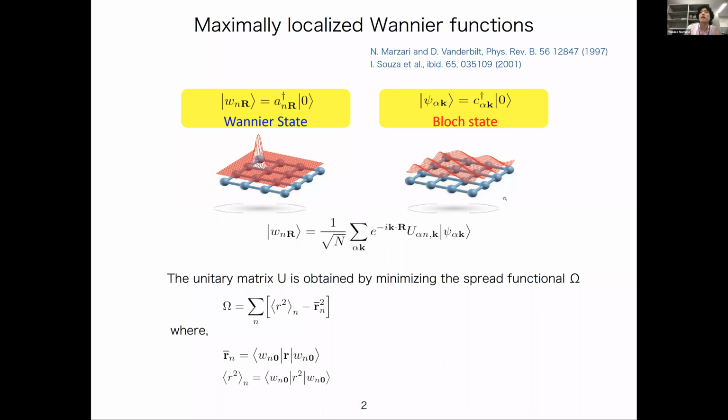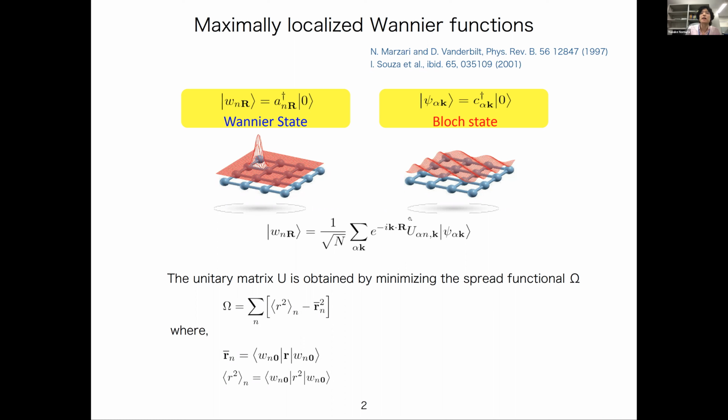Okay, so basically what we get from the DFT calculation is the Bloch state, and it is extended over the space. And what we want is the Wannier functions, which are localized in space. Then the transformation between the Bloch state and the Wannier state is written by this formula.